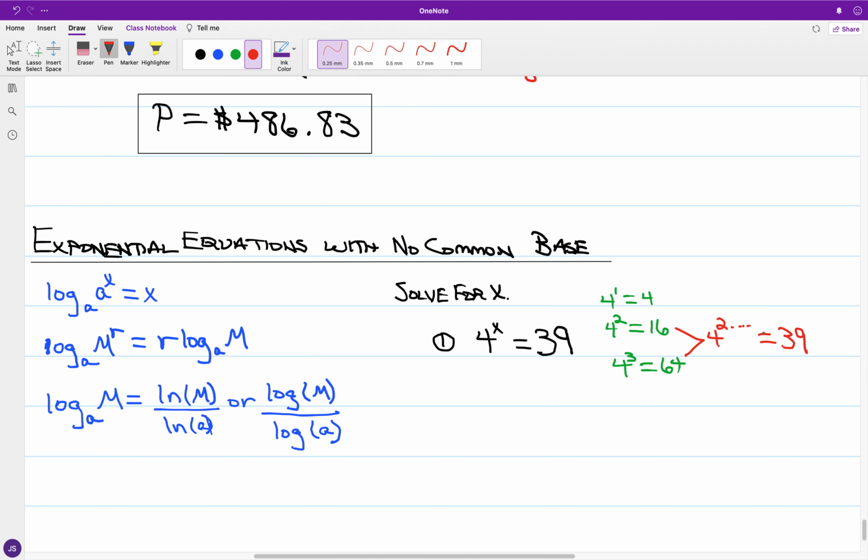Okay, so in terms of solving for x, we have 4 to the x is equal to 39. Now what I can do here is convert the left-hand side to x with this property. To knock out the 4 here, I can take a base 4 logarithm of both sides.